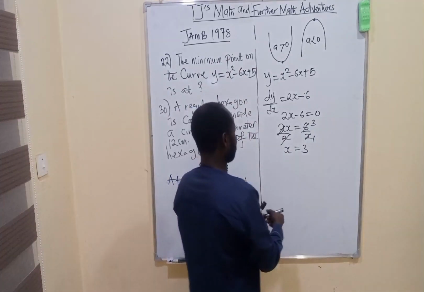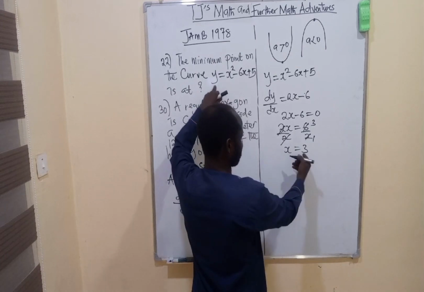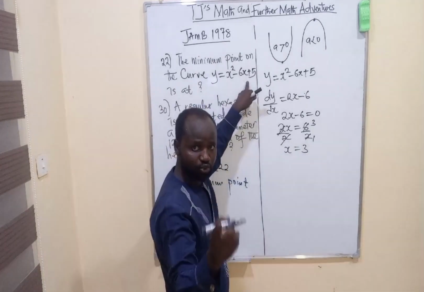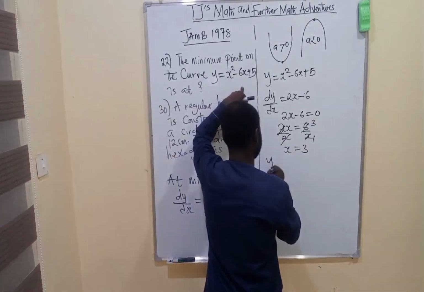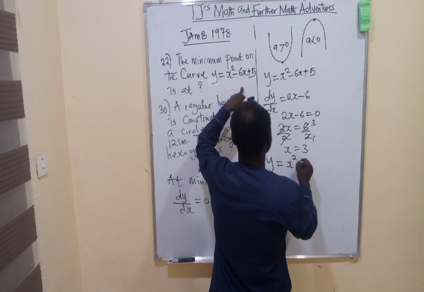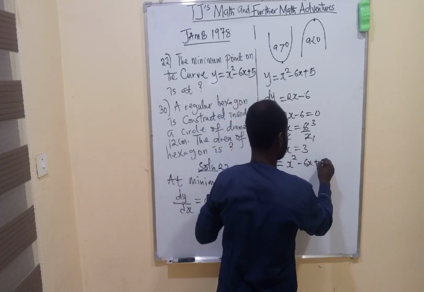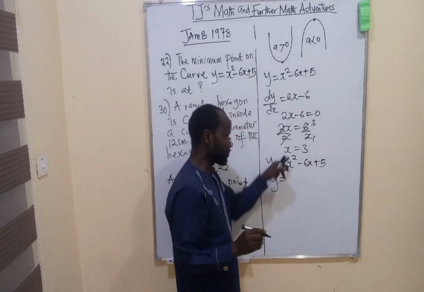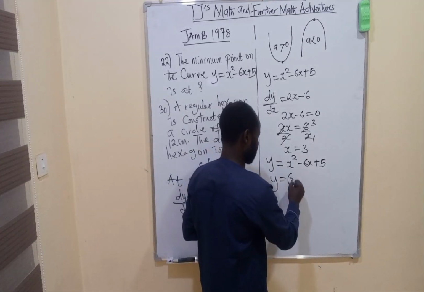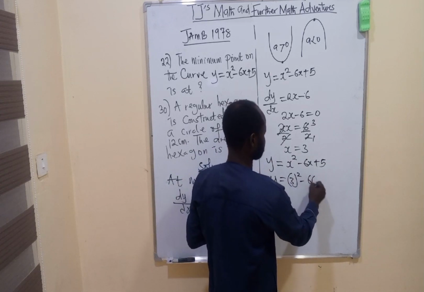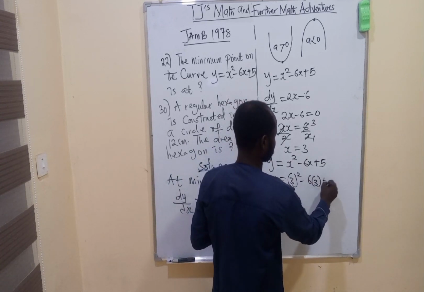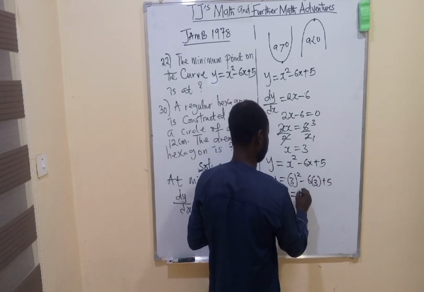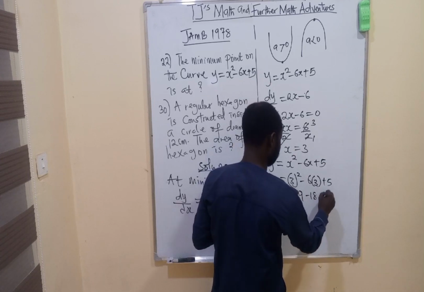To find the minimum y value, we substitute x equals 3 into the original function, y equals x squared minus 6x plus 5. Anywhere we see x, we put 3. This will be 3 squared minus 6 times 3 plus 5, so y equals 9 minus 18 plus 5.